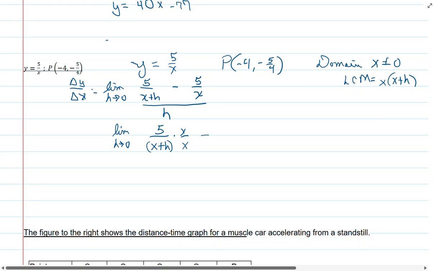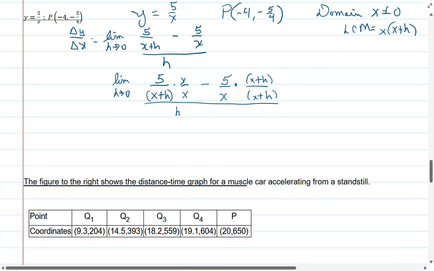And then I'm going to have minus 5 over x times x plus h, because this one's missing the argument. Now, those of you that are math savvy would have multiplied the top and the bottom by the LCM, and it takes care of everything. But it won't hurt us to do the math. All over that h.